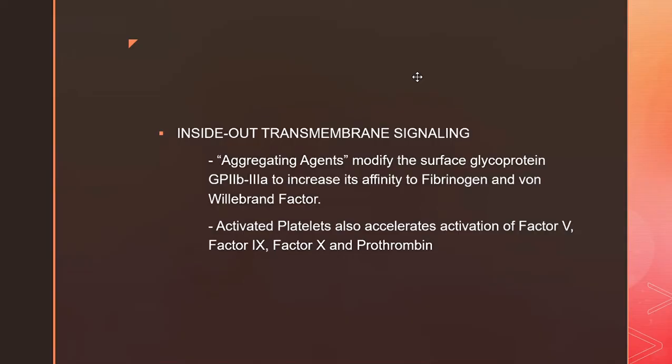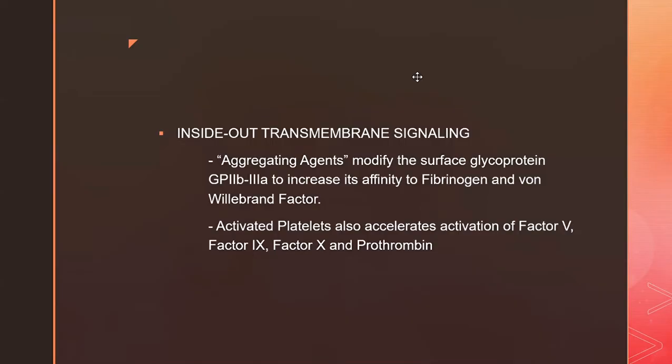The activated platelets accelerate factor 5, factor 9, factor 10, and prothrombin. We will be discussing this next step na, yung coagulation factors na natin. Very simple, ha? Very simple ang platelet plug formation.